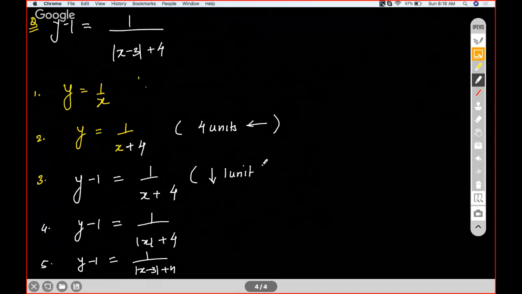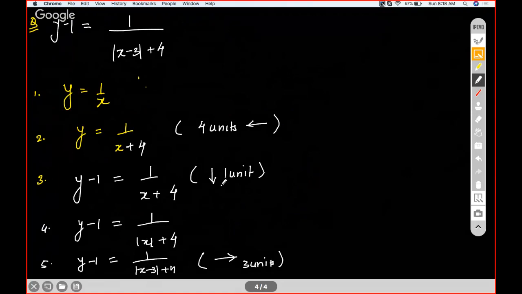This is like modding the x, meaning whatever is on the right side you reflect to the left side, and whatever was on the left side you ignore. And then again this is shifting the graph 3 units to the right. If you don't follow this sequence of steps, in fact few of them can be up and down, but you have to mod first and then introduce x minus 3.